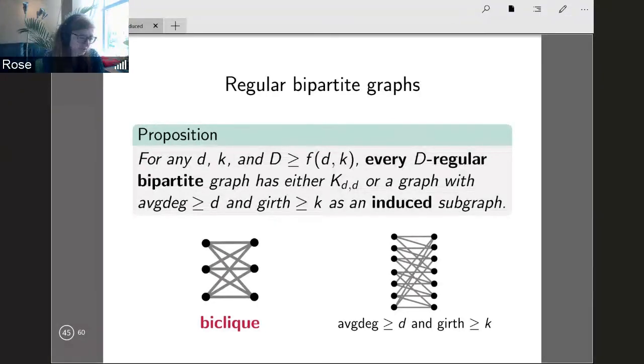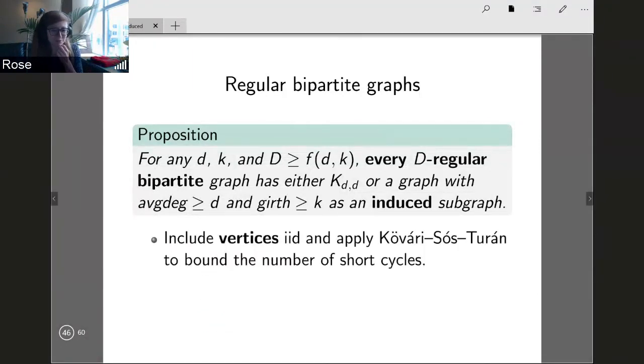The proposition is that if you give me d, k, and big D, which is sufficiently large as a function of d and k, then every D-regular bipartite graph satisfies the induced subgraph version of the conjecture. That is, it either has K_{d,d} or a graph with average degree at least d and girth at least k as an induced subgraph.